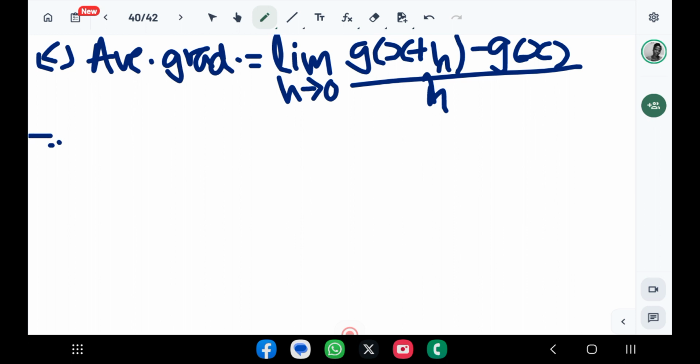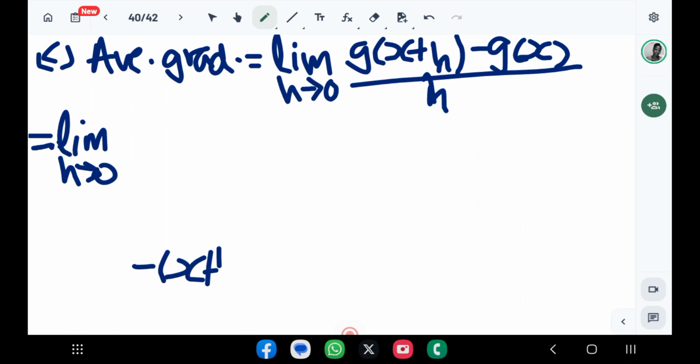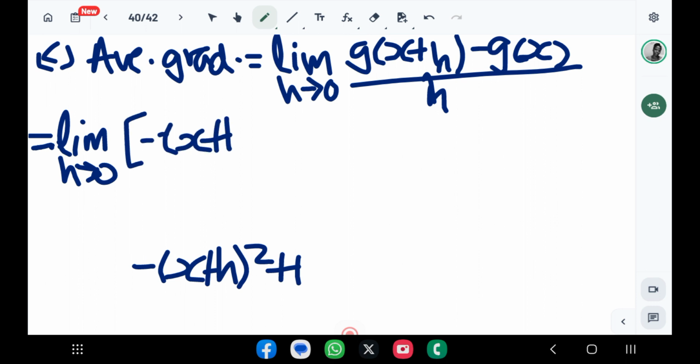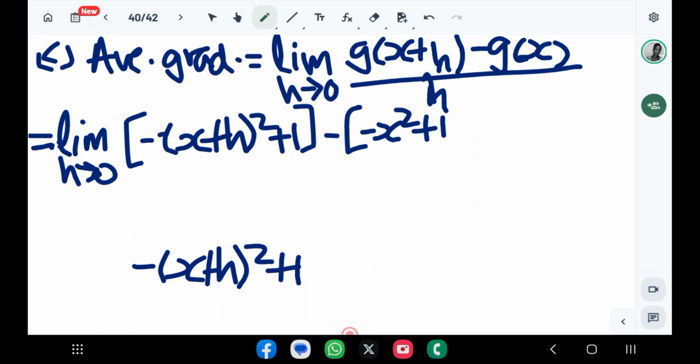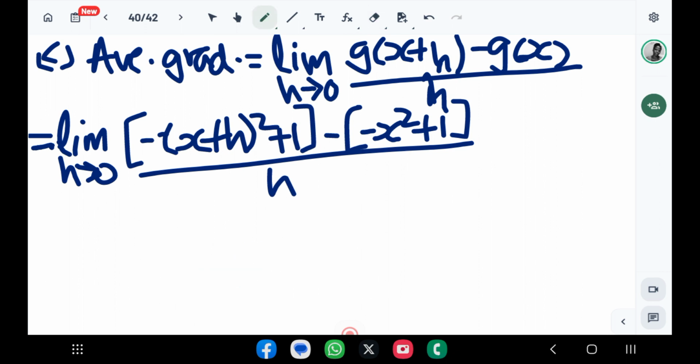That will be equal to the limit as h tends to 0 of minus x plus h all squared plus 1, minus negative x squared plus 1, all over h, which is equal to the limit as h tends to 0.